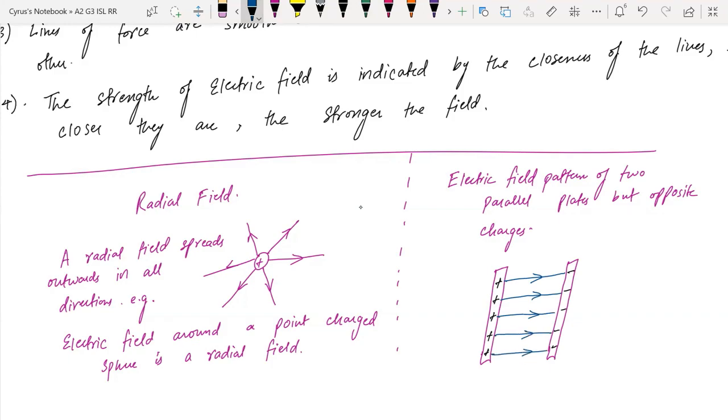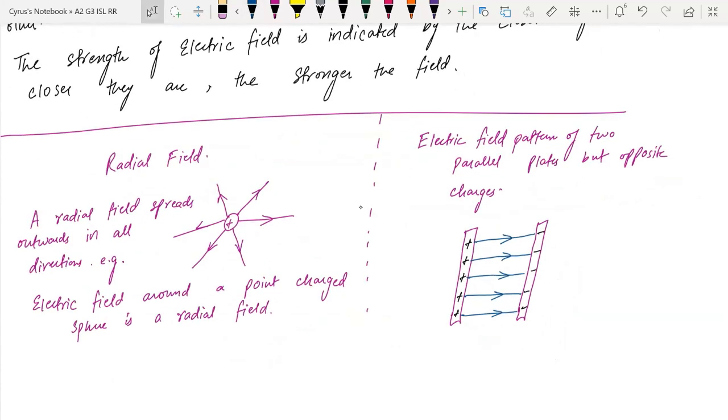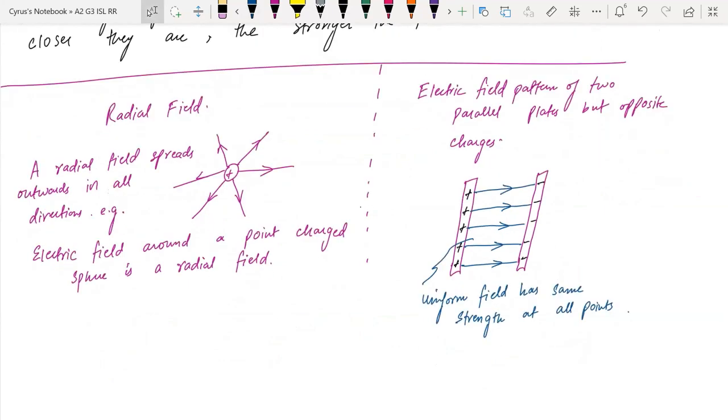This is a uniform field that you can see here. ठीक है? So uniform field has the same strength at all points. So this is the electric field between charged parallel plates with opposite signs.